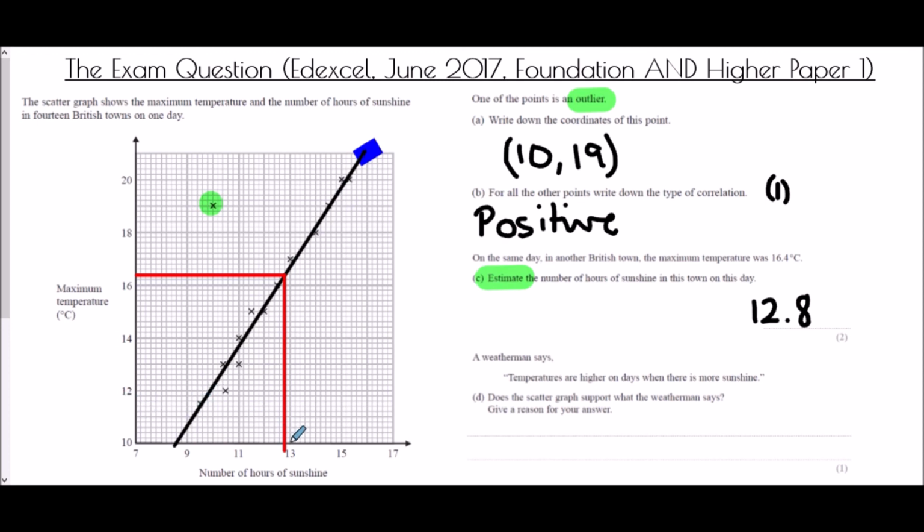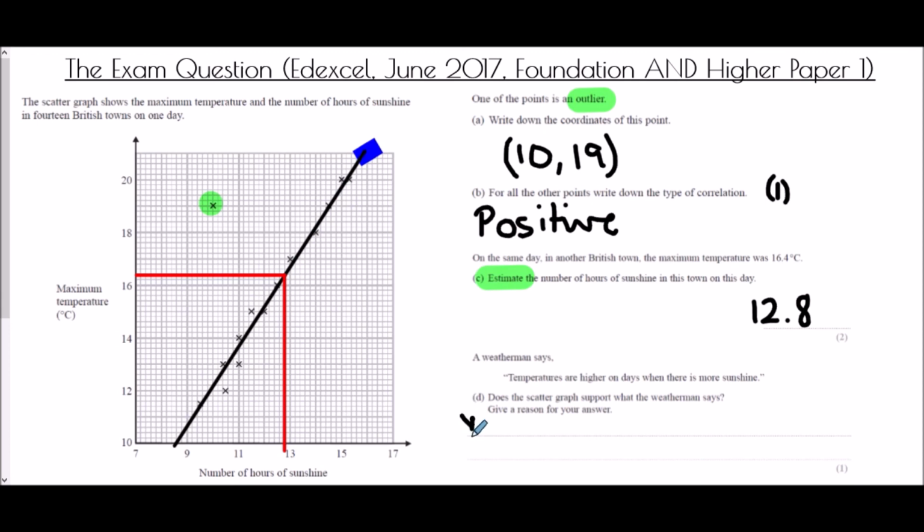When we get up to 13 hours, we're getting up to 16, 17 degrees. On the days where we had our highest number of sunshine, 15 hours, we were up at 20 degrees. Does that relate to what they've said? Absolutely.